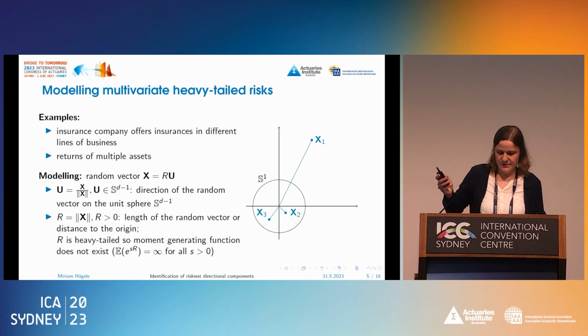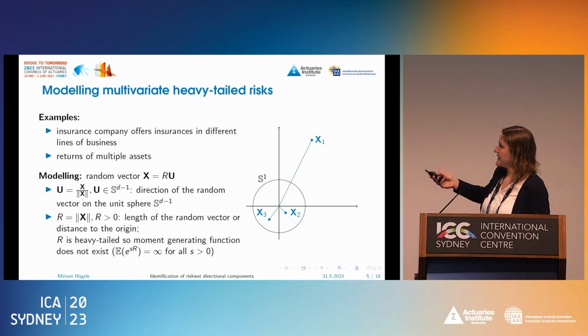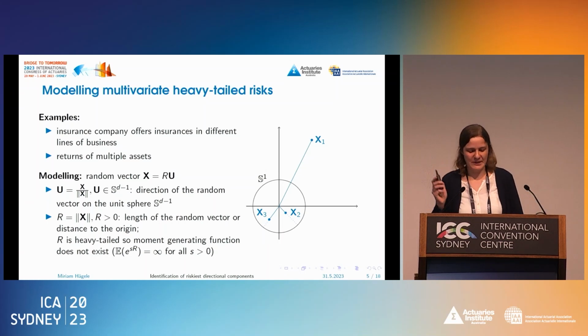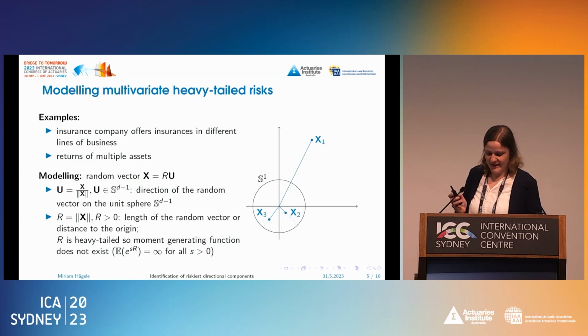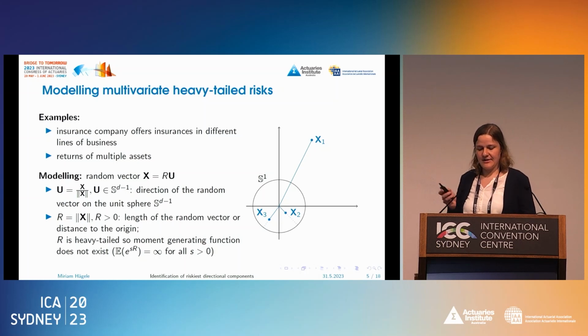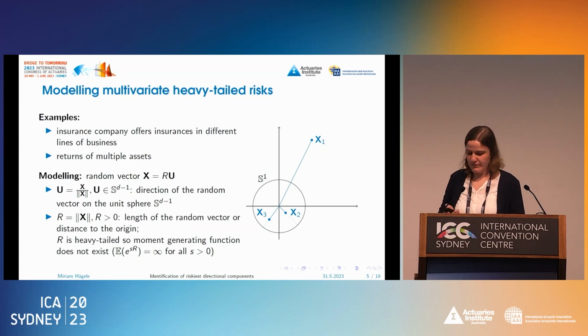And U is the distribution on the unit circle. I only drew the two-dimensional case because it's easier to paint. So U is always on the unit sphere, and R is how long it is.